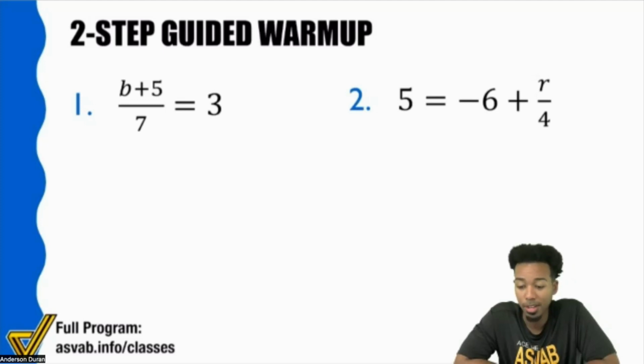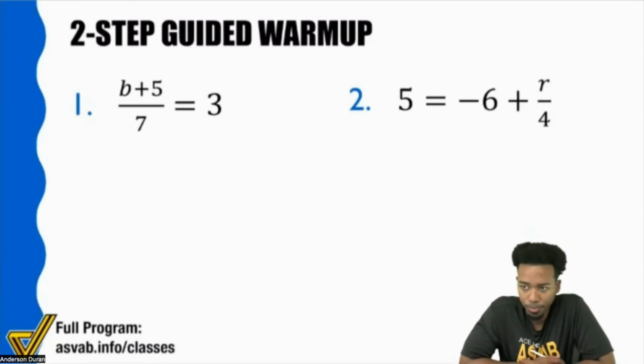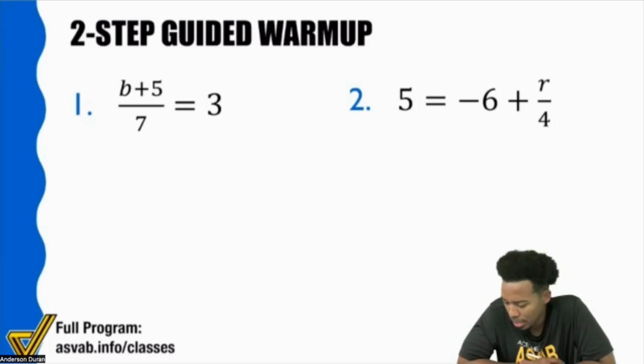Whatever you do to one side, you do to the other. Now, important rule number 2: solving equations is the art of working backwards. So you're working backwards and you're working on both sides.